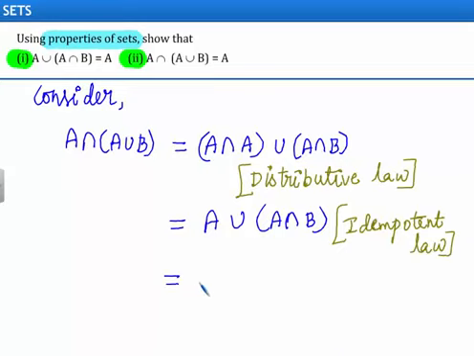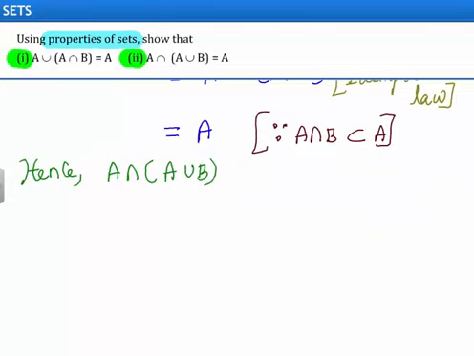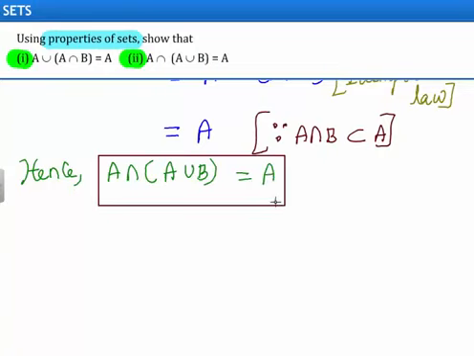This will be equal to the set A itself, since A intersection B will be a subset of the set A. Hence, A intersection A union B is equal to the set A. This completes the solution.